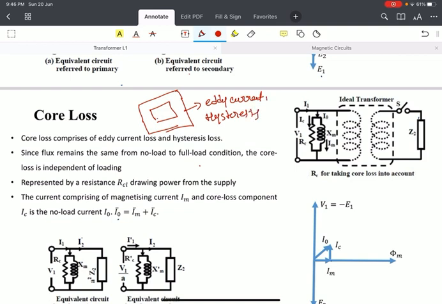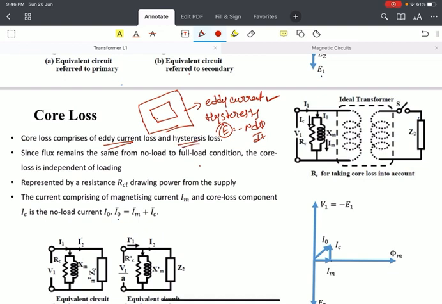Eddy current loss is produced because of Lenz's law. It says that the induced EMF V will be minus N d phi by dt. That means it always opposes the source causing it, and there will be a current produced in the magnetic core in the opposite direction, because of which a loss will occur in the magnetic core, known as eddy current losses. This is minimized by using laminated cores.